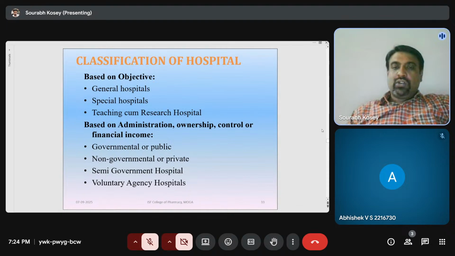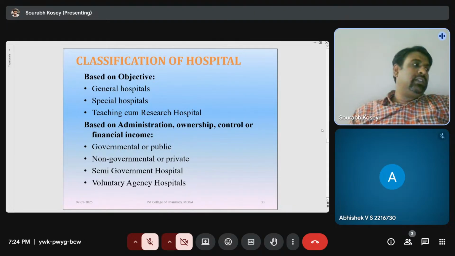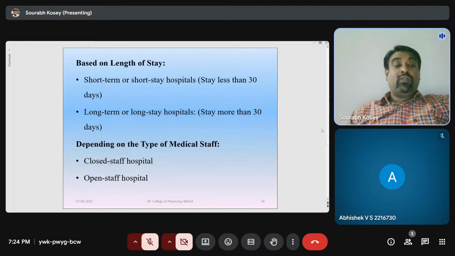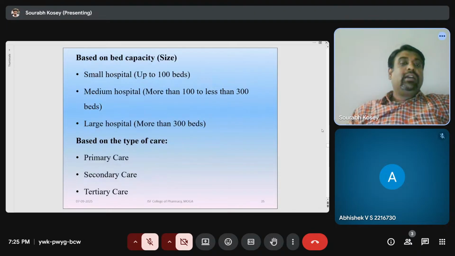Classification is also based on administration, ownership, control, or financial income, where they are governmental or non-governmental organizations, semi-government hospitals, or voluntary agency services. Based on length of stay, it is short term if up to 1 month and long term if more than 1 month. Then depending on the type of medical staff, whether it is a closed staff hospital or an open staff hospital is also one of the concerns.